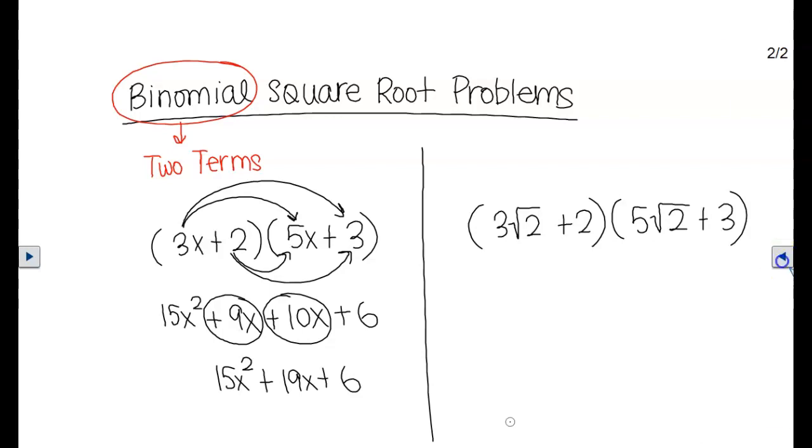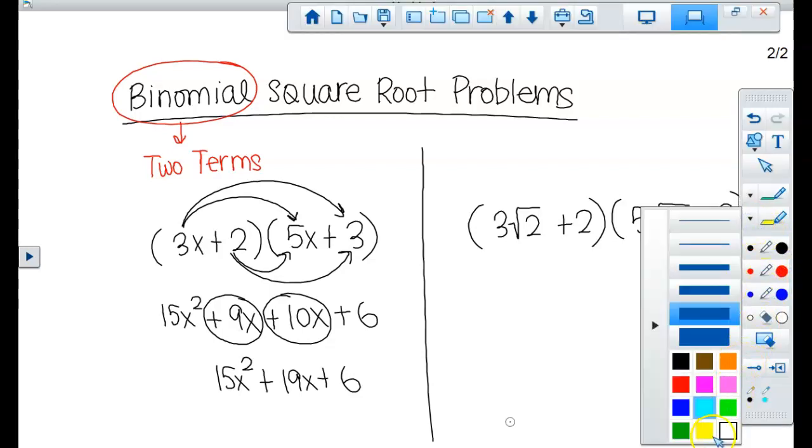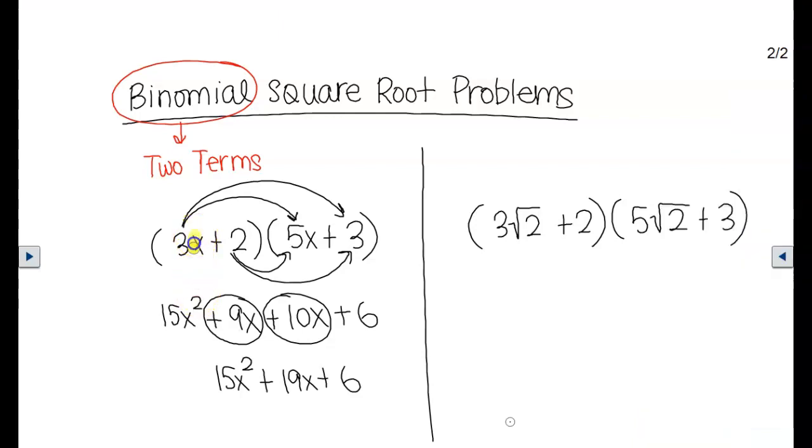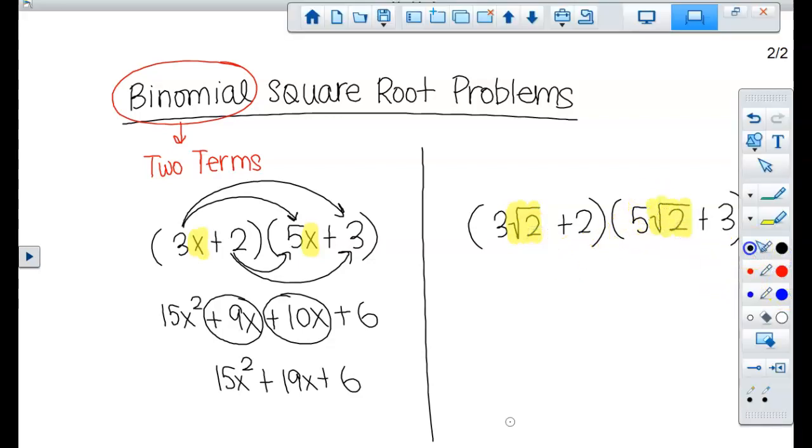The only thing that I did is, in this problem over here where I had my x's, I've now made those square roots. Square root of 2 for both of those. So this is a binomial square root problem. And I've shown you a binomial problem from before because there is a direct connection in how these two are going to work.